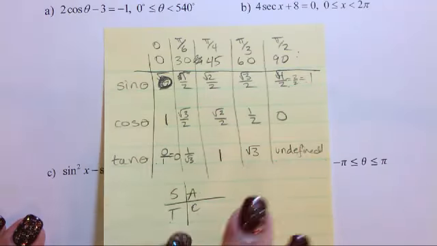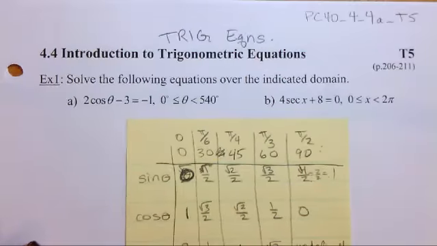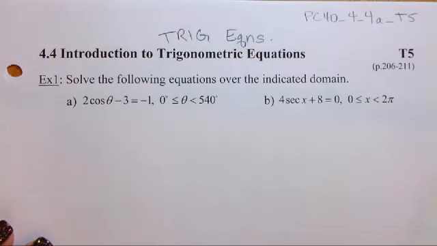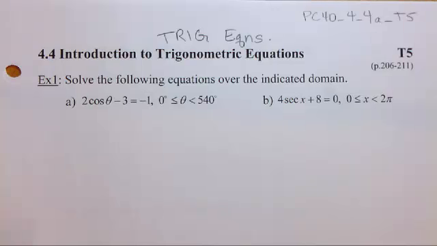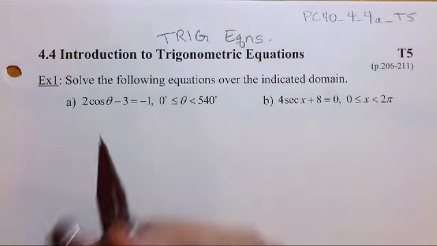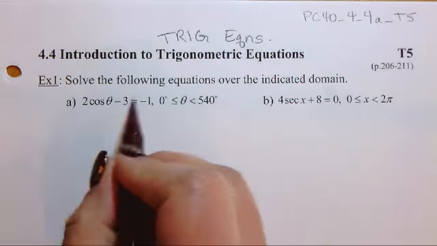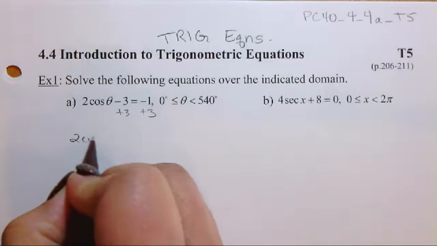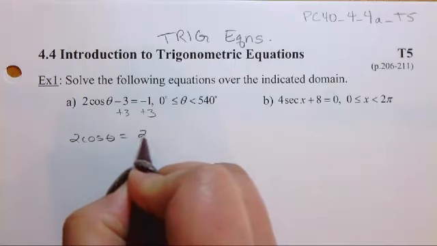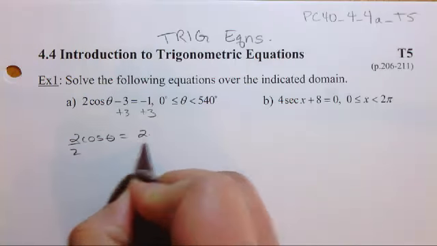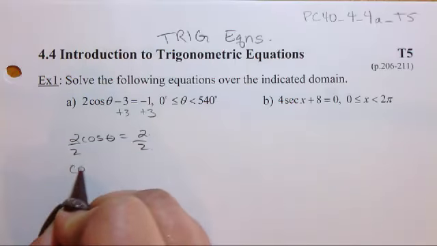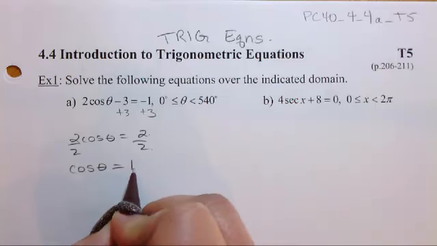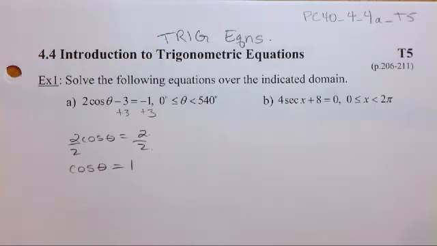Okay, now that I have this, I am going to start my equations. First thing I need to do is I need to isolate my theta. Now, my theta's in my cos theta. So let's add 3 to both sides. We're going to have 2 cos theta equals 2, and divide both sides by 2, and I end up with cos theta equals 1. So now I need to figure out where on my unit circle is cos theta equal to 1.